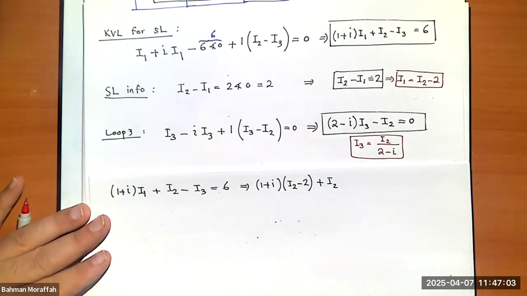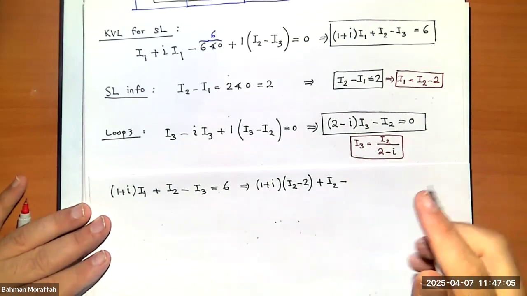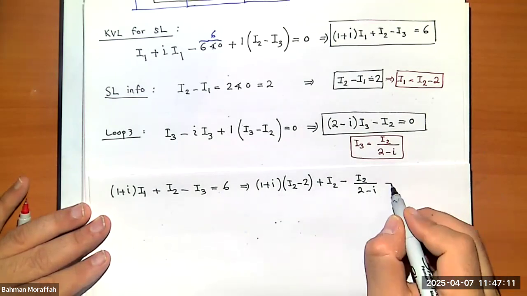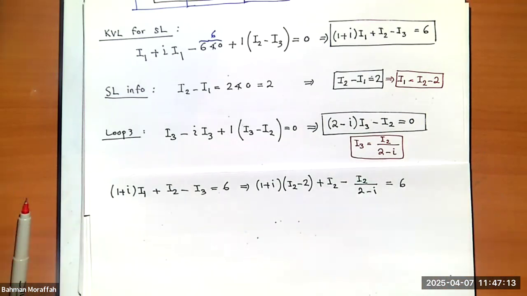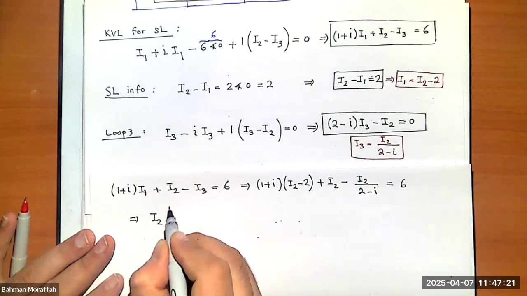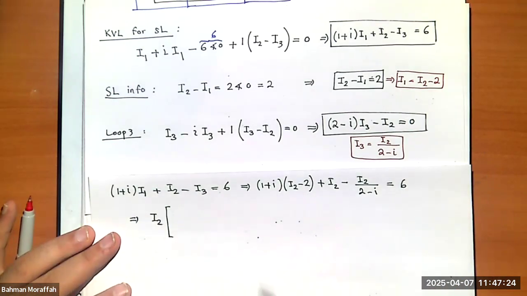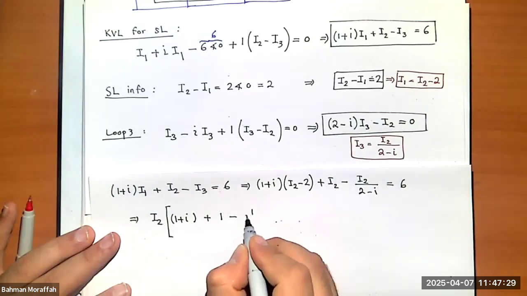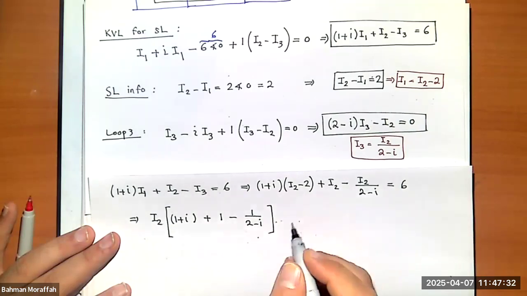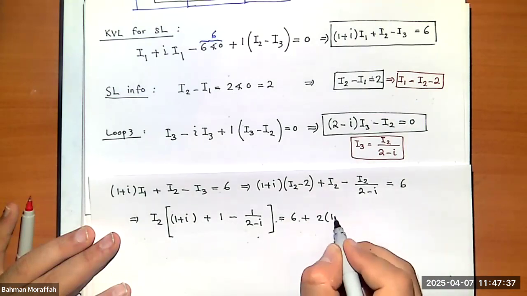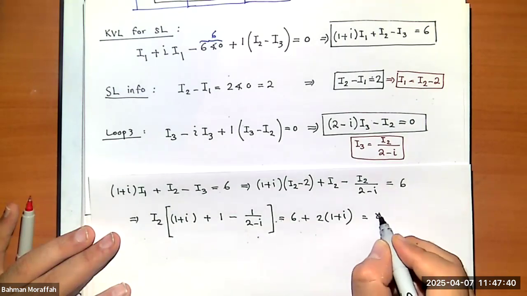I'm going to leave I2 alone, minus I3, which is I2 divided by 2 minus I. And that must be 6. I can factor out I2. If I do that, I get 1 plus I plus 1 minus 1 over 2 minus I. That equals 6 plus 2 times (1 plus I), which is 8 plus 2I.